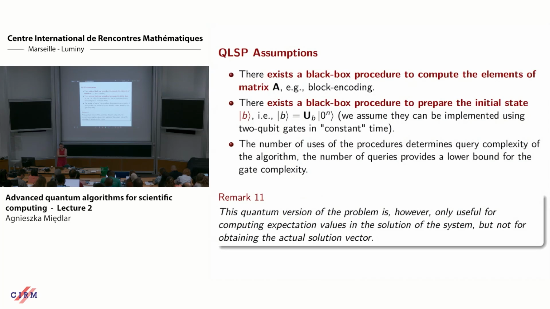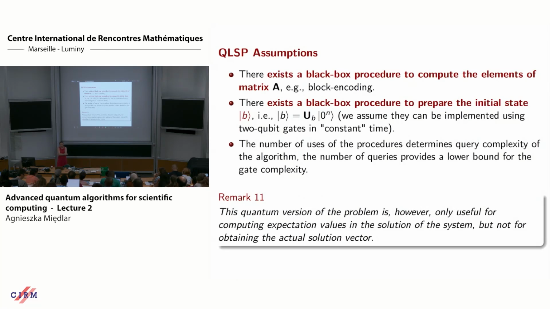And we assume that they both can be implemented using two-qubit gates in constant time. That's an assumption; we want to simplify the circuits, and constant time essentially means it's doable. It's not that you're going to wait forever to input your data, because then there is no sense in doing any simulation.